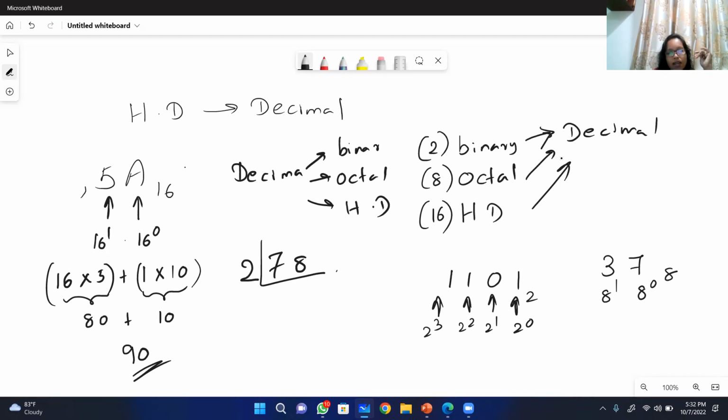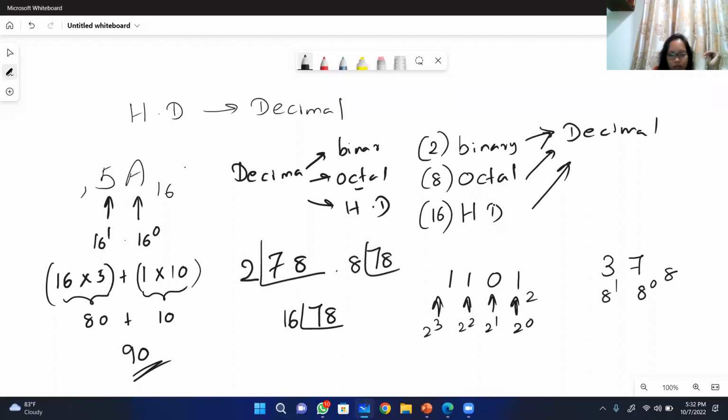When converting decimal into octal, you divide the given number by 8. Then decimal into hexadecimal, you divide the given number by 16. In this case, you divide by the base. Here you multiply by the place values of the base.